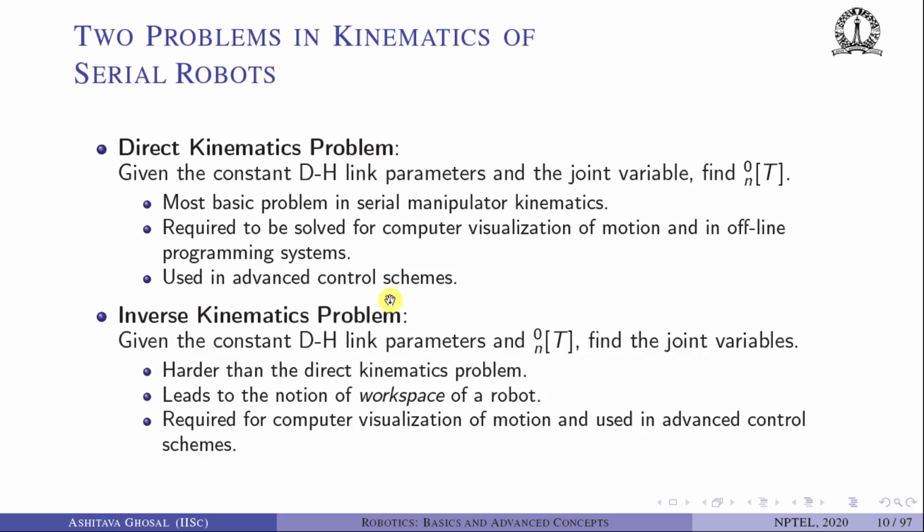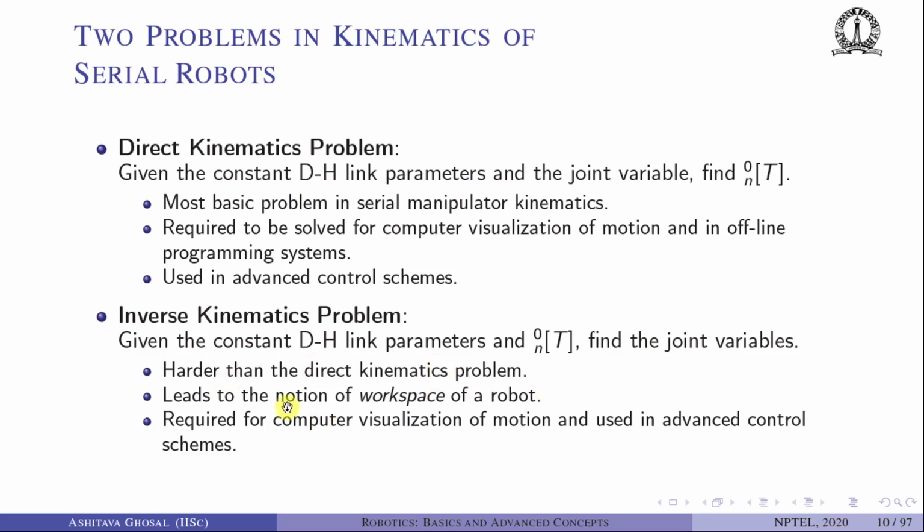The inverse kinematics problem, on the other hand, as the name implies, is: we are given only the constant DH parameters and the 4x4 homogeneous transformation matrix of the nth link with respect to the 0th link. We have to find the joint variables. This is much harder than the direct kinematics problem.